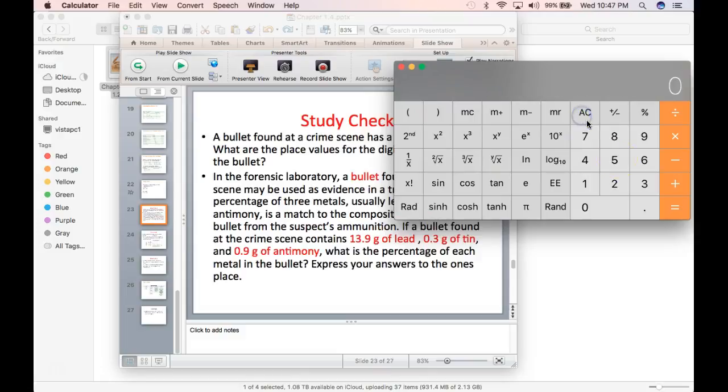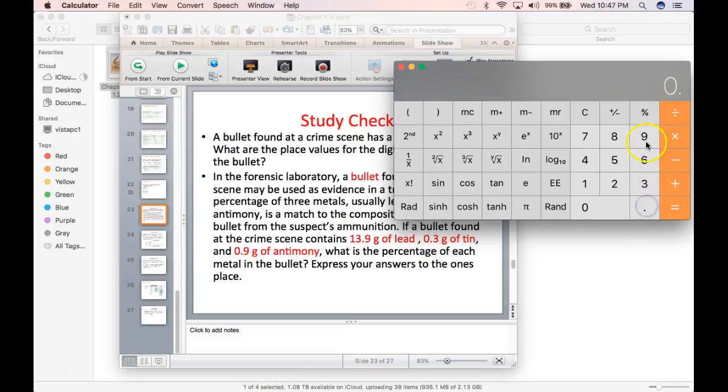All right. 0.3 divided by the 15.1 times 100. Okay. So roughly 2% to the ones place, you're rounding it, it's greater than 5, so 2. All right, so 92% was lead, 2% is tin. Okay, that's a total of 94%.